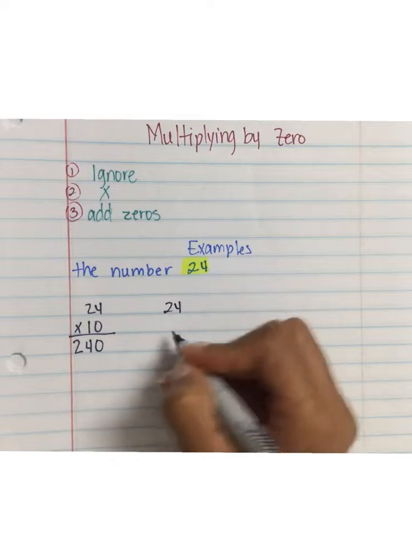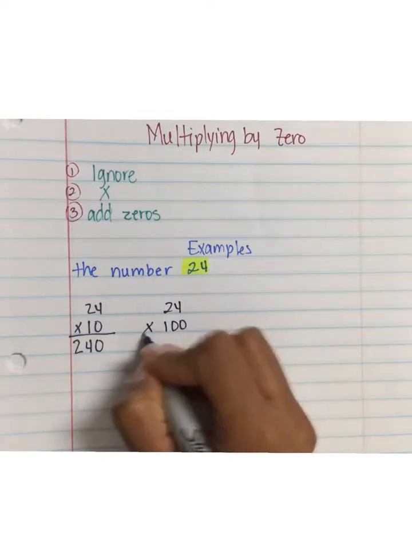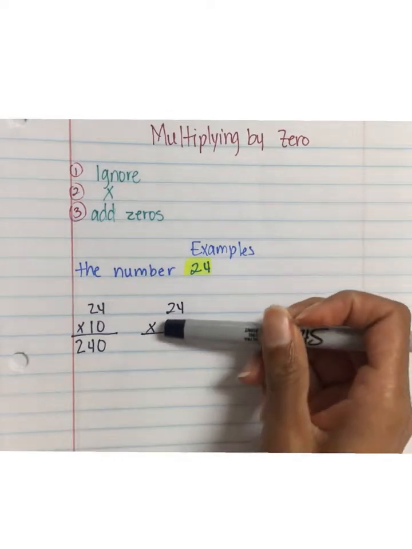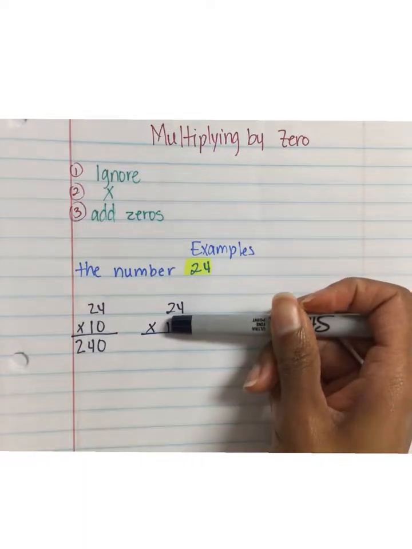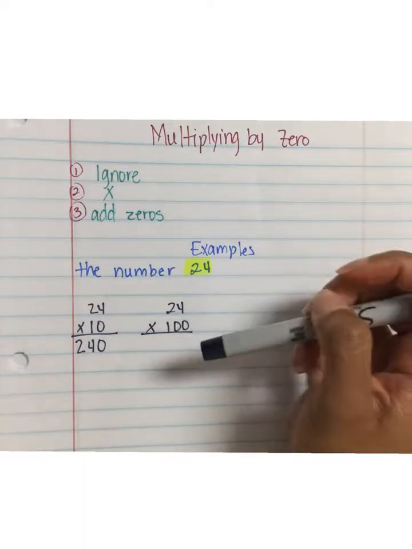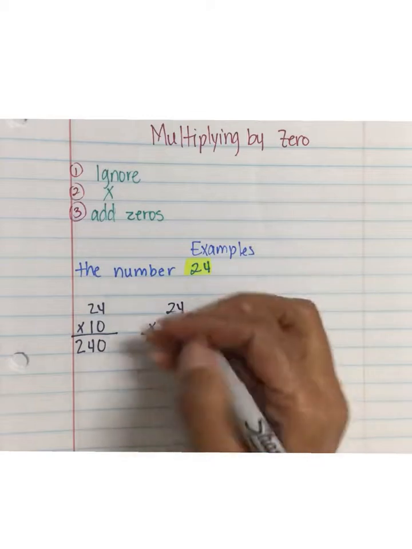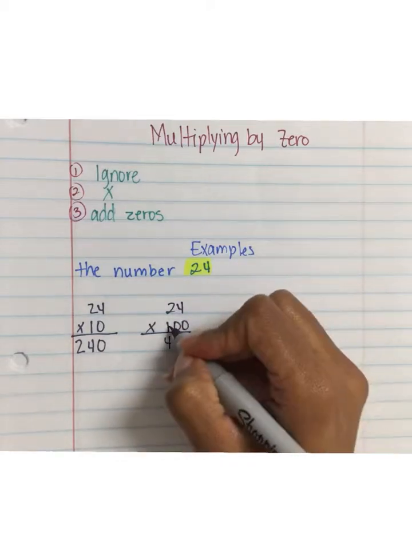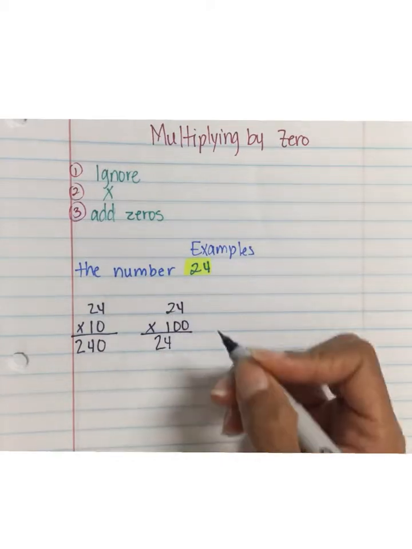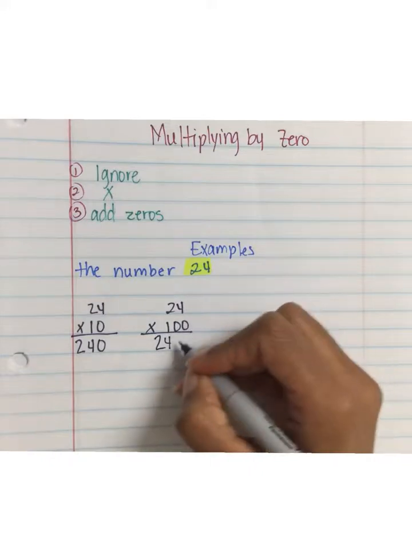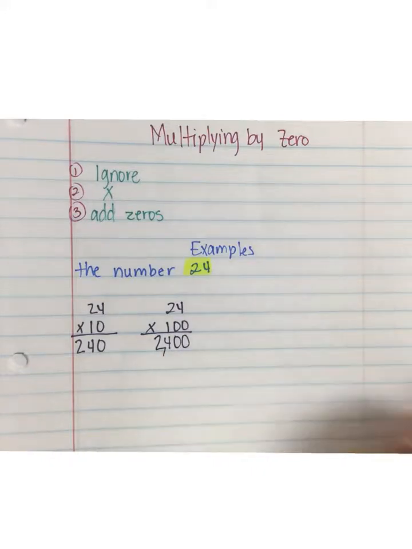If I have 24 times 100, I ignore the zeros first. Next, I'm going to multiply 1 times 4, 1 times 2, and add my 2 zeros, 2,400.